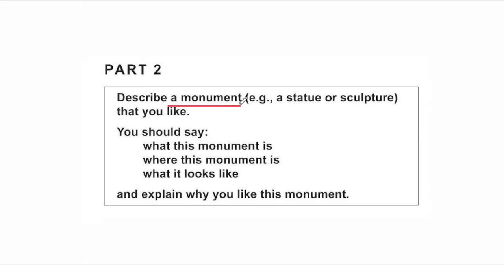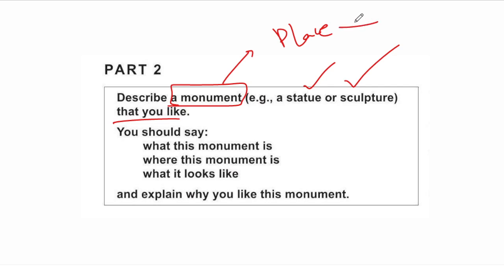And then: describe a monument, a statue or a sculpture that you like. So for a monument, you might think, okay, I'm talking about a monument, statue, sculpture. It's in a place, right? It should be in a place. Think about the Statue of Liberty. It's in a place, right? You can talk about a place. And then maybe it's a statue of a famous person.